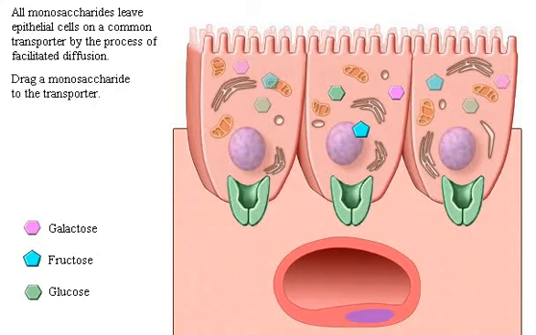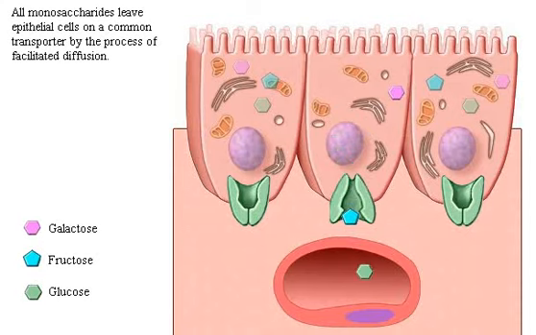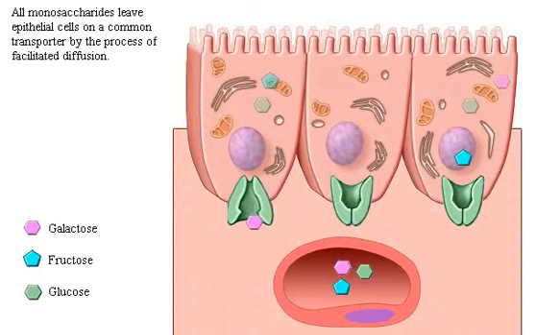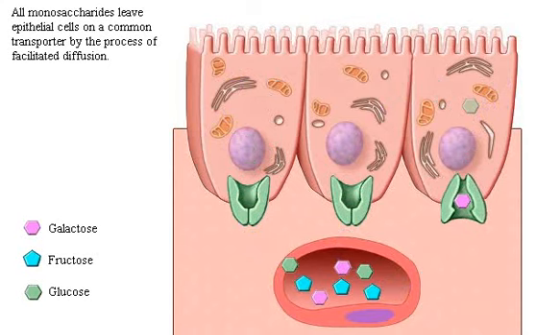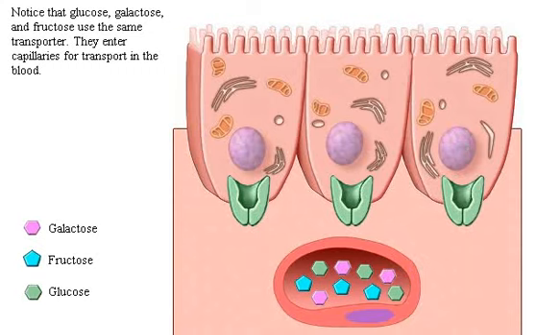Drag a monosaccharide to the transporter. Notice that glucose, galactose, and fructose use the same transporter. They enter capillaries for transport in the blood.